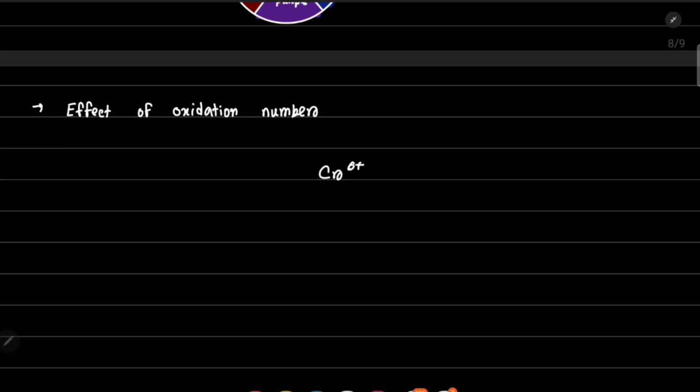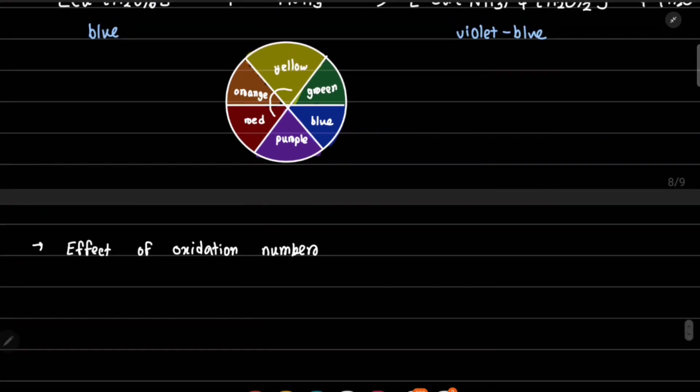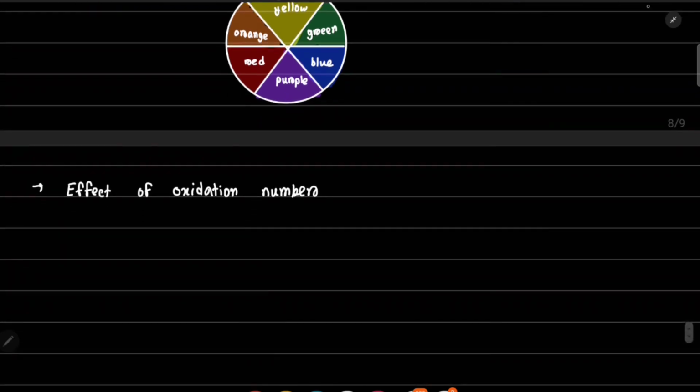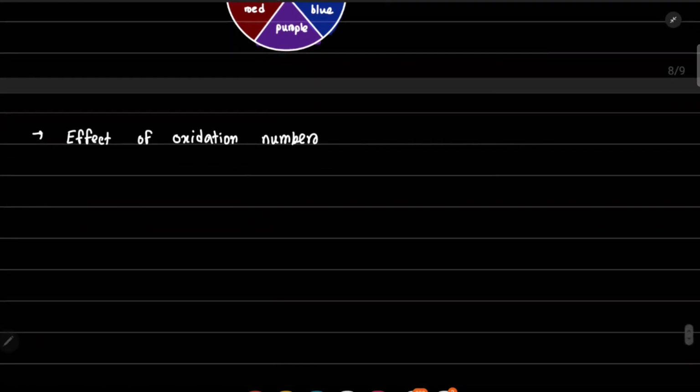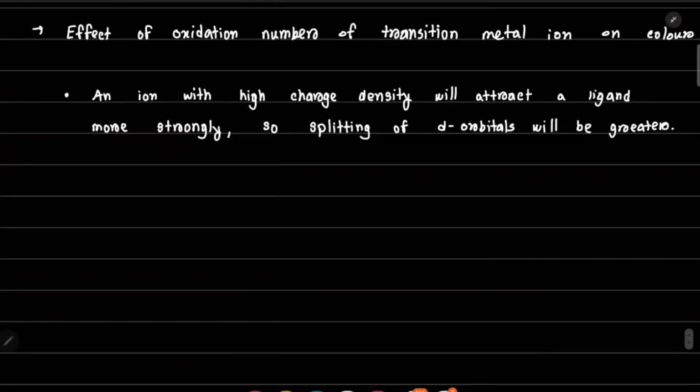So chromium 6+ has a high charge density since it has a high oxidation number. This will cause the splitting to be greater, so the color absorbed goes from red to orange to yellow, depending on where it starts, but it will change. So an ion with a high charge density will attract the ligand more strongly, and hence the color will change.